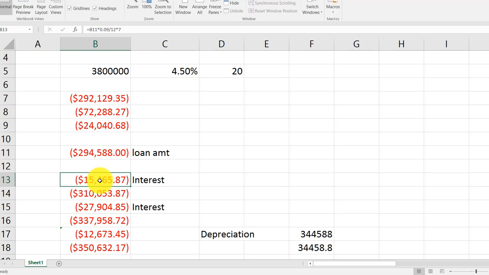So for the company who bought the equipment, they're going to debit interest expense and credit interest payable or loan payable for $15,465.87.